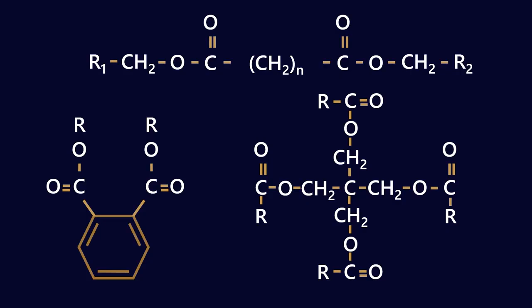Now, something that you'll notice in common among these 3 is that there are a lot of carbon-oxygen bonds, so that's likely to make these much more polar molecules than, say, the mineral oils or the polyalpha olefins. So esters tend to be much more polar, and for that reason they have really good additive solvency.